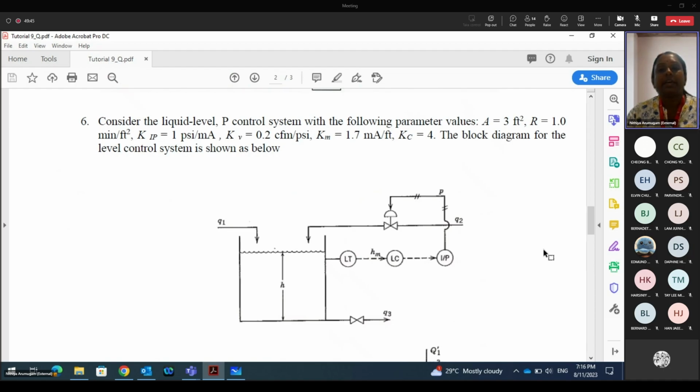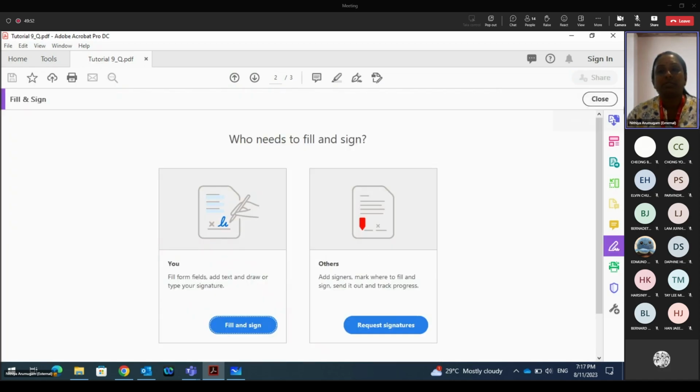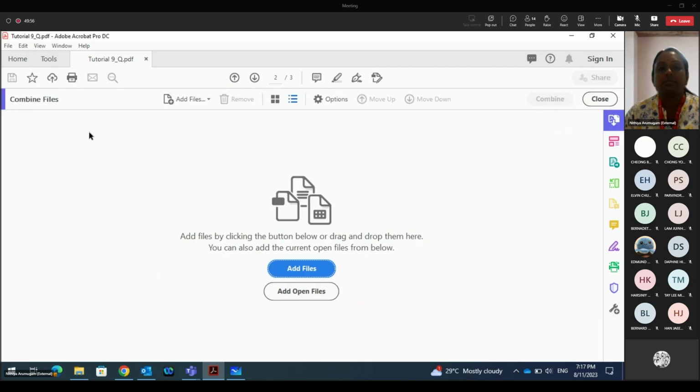Consider the liquid level P control system with the following parameter values. Area is given.